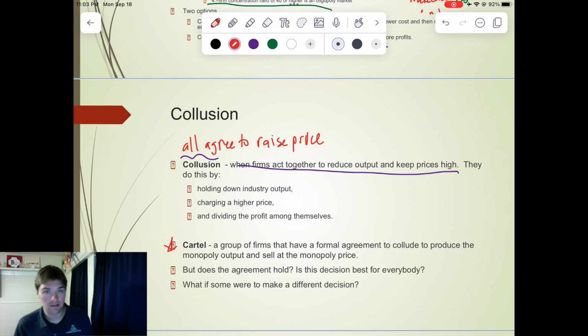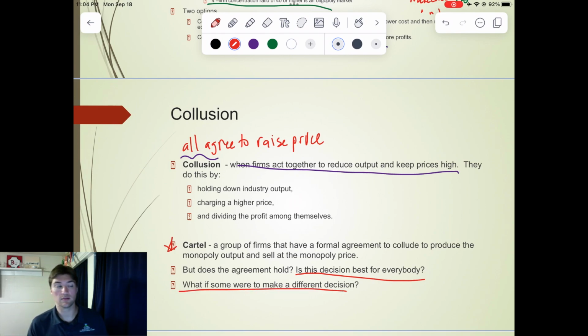Okay? So what's the possibility that this agreement holds? Because firm A and B could agree to both charge $5, but is this the best decision for everybody? Okay, what if someone were to make a different decision? So you're looking at firm A and you're like, I know I said $5, right?